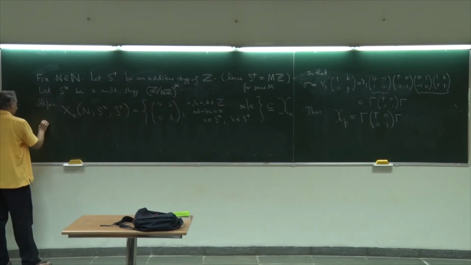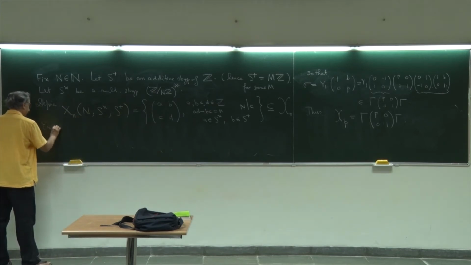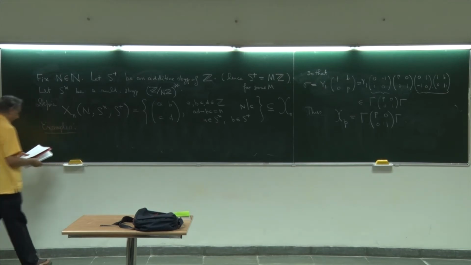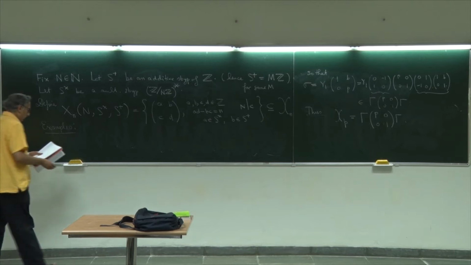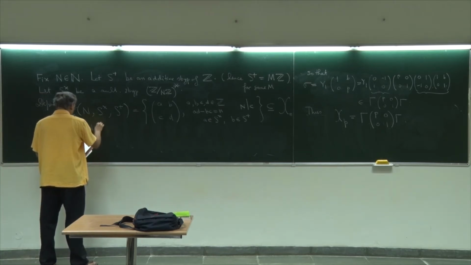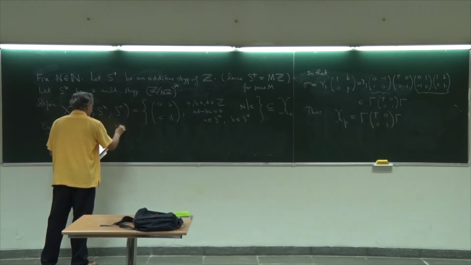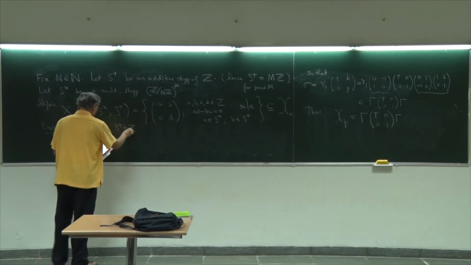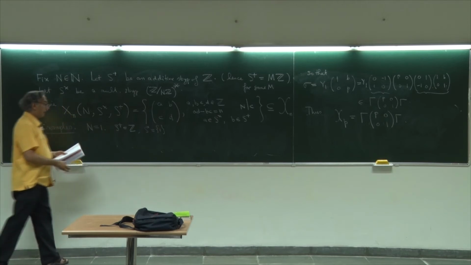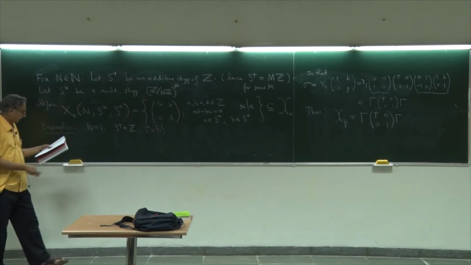Here are some examples. Well, when capital N equals 1, S^+ is the ordinary integers, and S^× is just simply the residue classes, corresponding to Z mod N, Z star.